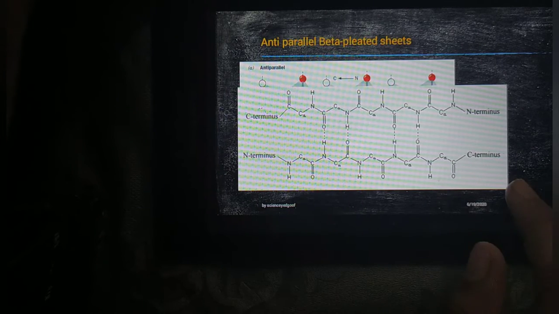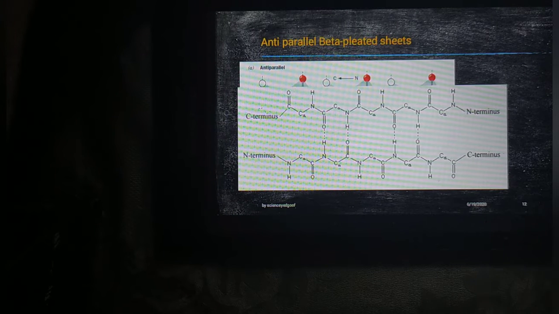This is another diagram where you can see the N and the C terminal are in the opposite direction, and this type of hydrogen bonding is referred to as interchain hydrogen bonding. Again, these beta-pleated sheets are found in globular proteins.